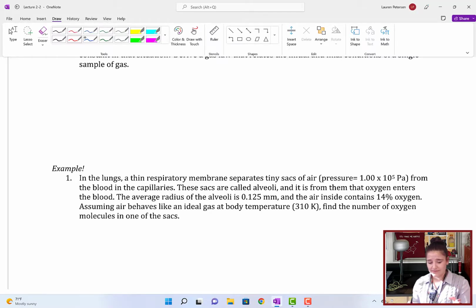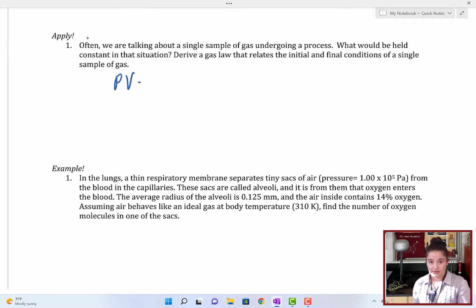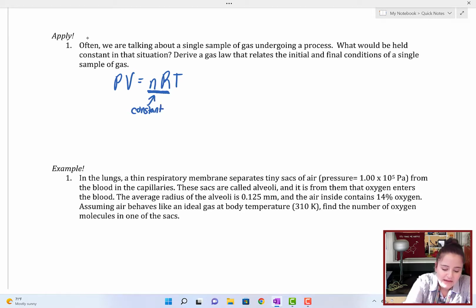Often we're talking about that single sample of gas undergoing a process. So what would be held constant in that situation? If we're starting from PV equals nRT, R is a constant. It will always be a constant. n is the number of moles. So if you have a single sample of gas, this will always be a constant.